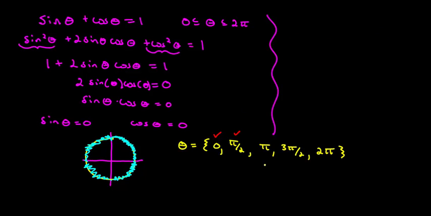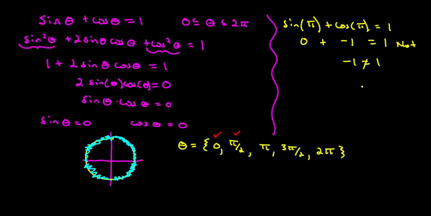Now we're going to start to run into some problems pretty quick here. The sine at pi plus the cosine at pi is equal to 0 plus negative 1, and that is not equal to 1. Negative 1 is not equal to 1.